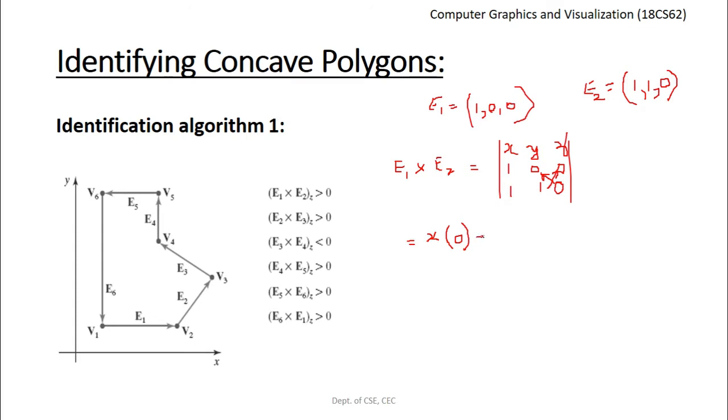Minus y into, again the cross product, 0 into 1 minus 1 into 0, right? So it will be 0 into 1 minus 1 into 0. What is the value? Again that is going to yield us a value of 0, okay?